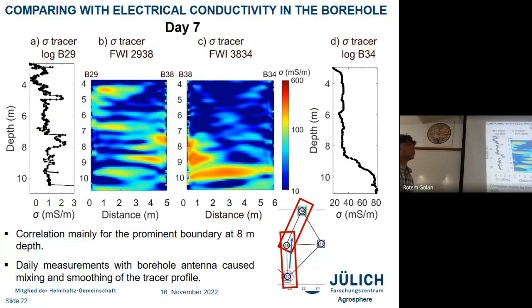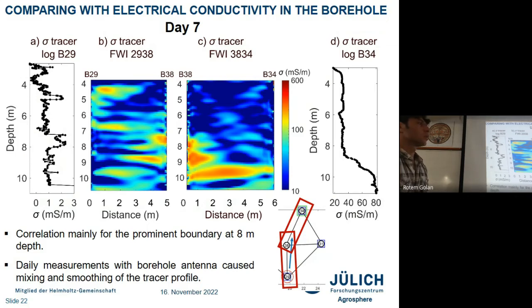And also, we measured every day the electrical conductivity profile in the water in the borehole. So we moved the sensor slowly in order to get the conductivity profile. And we see, for example, at this borehole, on some day, increased electrical conductivity below about 8 meters.